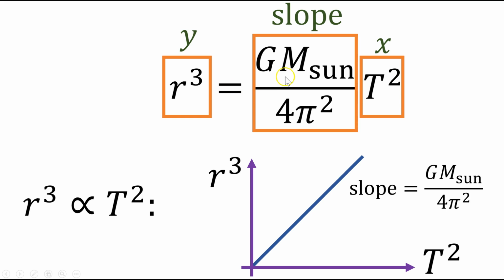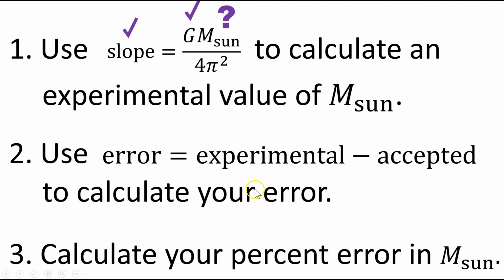You'll copy your data tables, just take screenshots, and paste screenshots of your data tables and the 2 graphs. Those will all go into your Notability file. Then you'll get the slope value from your trend line equation. You'll plug it in along with G and 4 pi squared, and you will calculate an experimental value of the sun's mass.